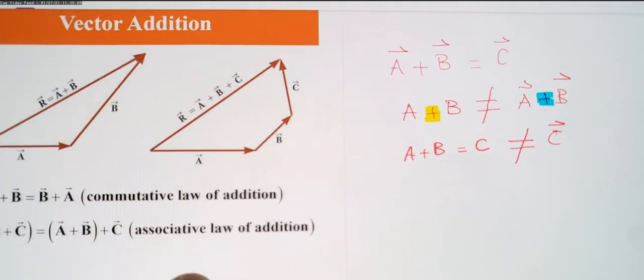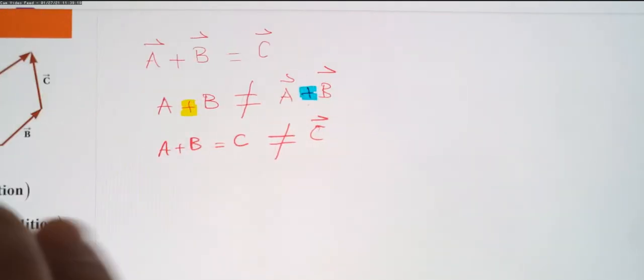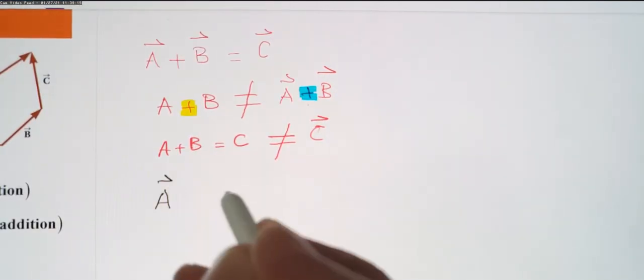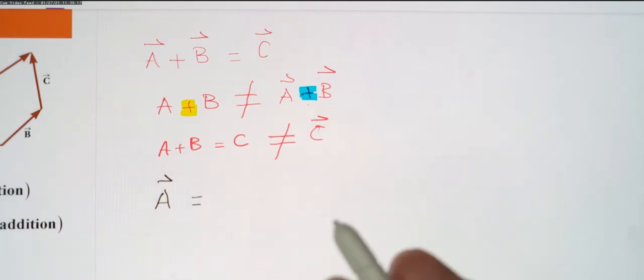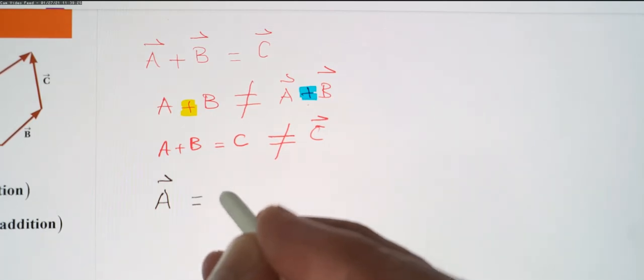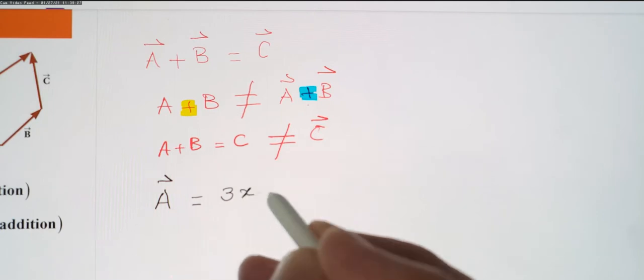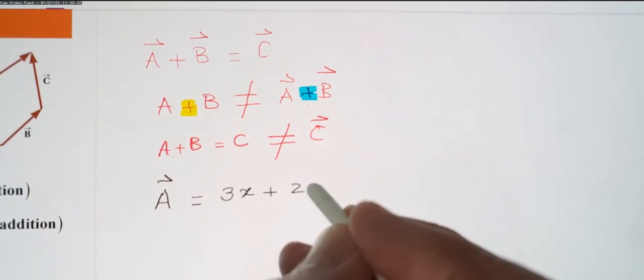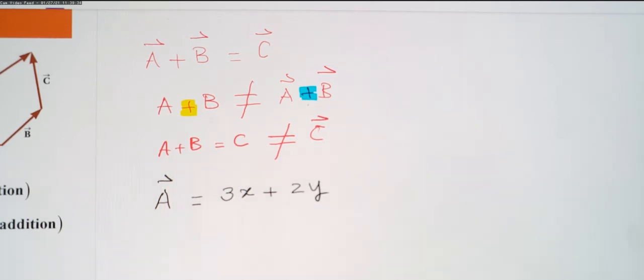Because we were talking about that, here is a vector A. How can we write a vector A without the need to know the angle? Well, suppose A is equal to 3x plus, for example, 2y. That means 3 units in the x, 2 units in the y.